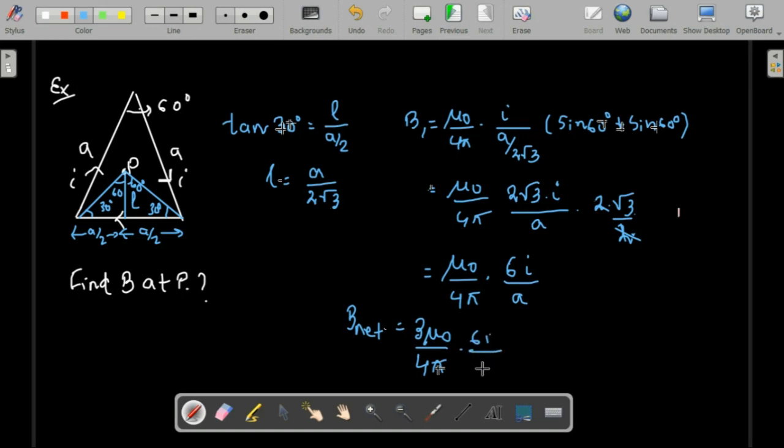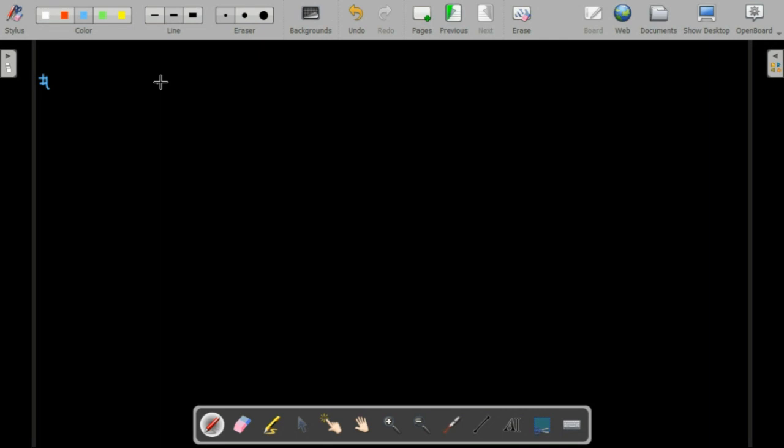So if you have a multiple choice question, you can actually find out the magnetic field due to a circular current carrying loop.